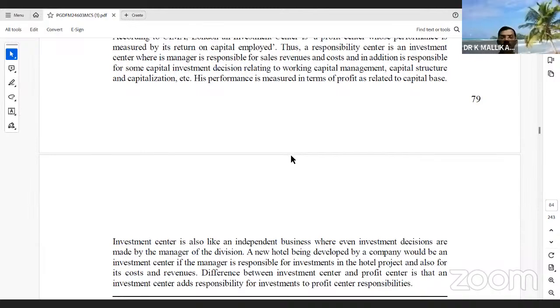Investment centers are like independent businesses where the investment decisions are made and managed by its divisions. If the manager is responsible for investment of the total project, how much return is he going to get on the investment?